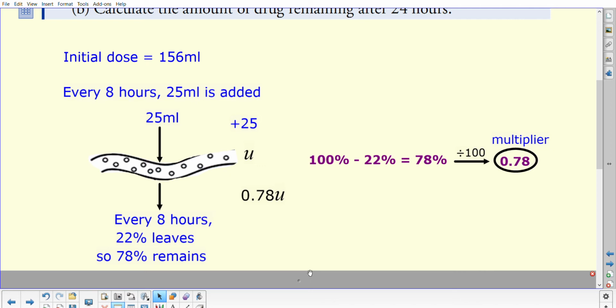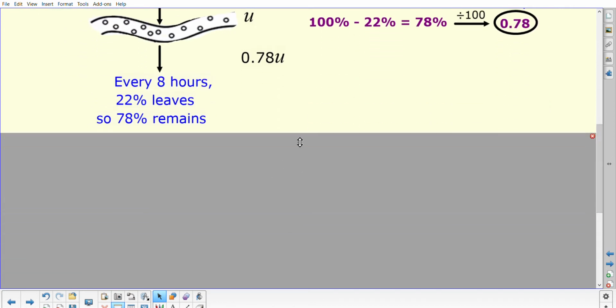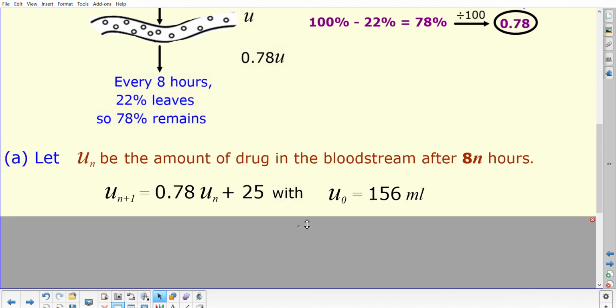So you've got 100% minus the 22% would mean that you're left with 78%. But then we know that together, so we've got this 0.78 amount left, but we're also getting this plus 25 added in. So that's where this extra part of your recurrence relation comes from.